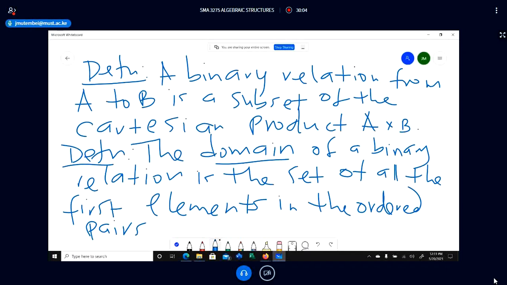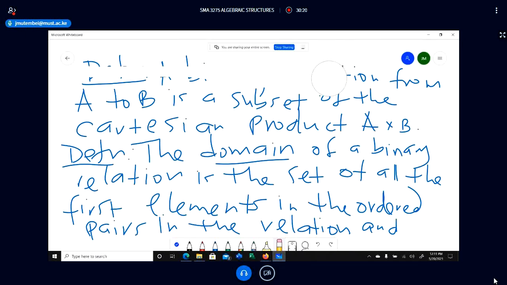In the ordered pairs in the relation. And the range, let me continue up there.